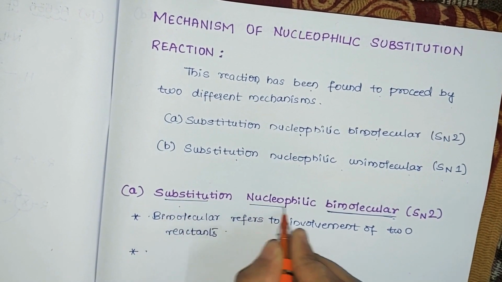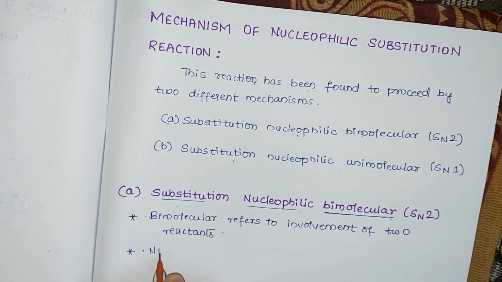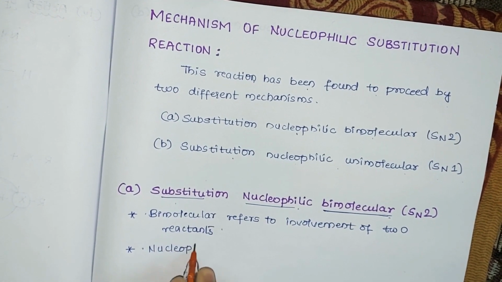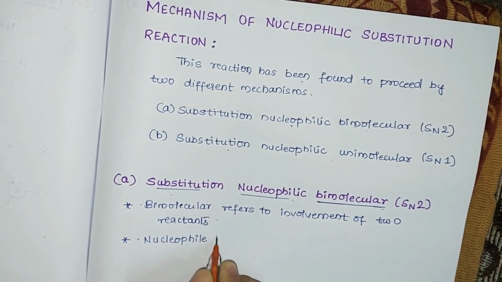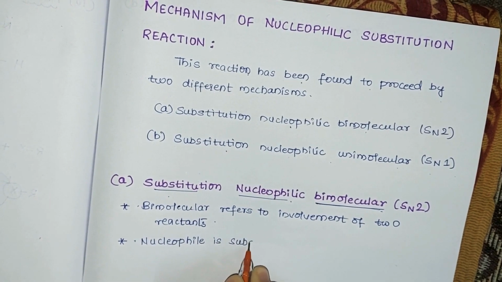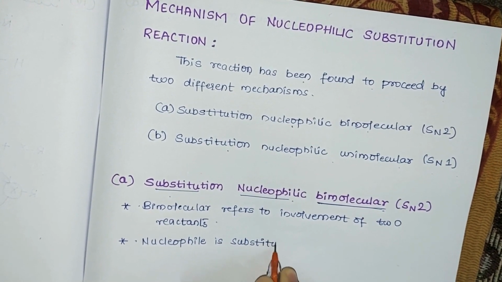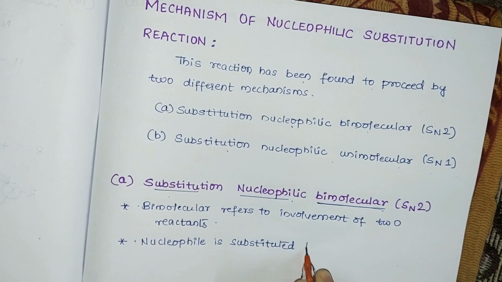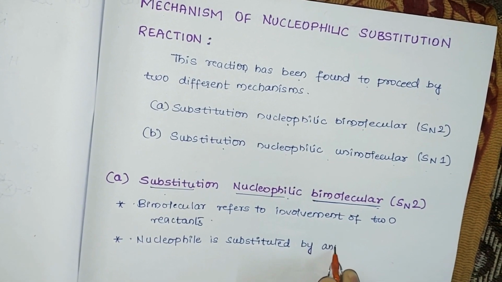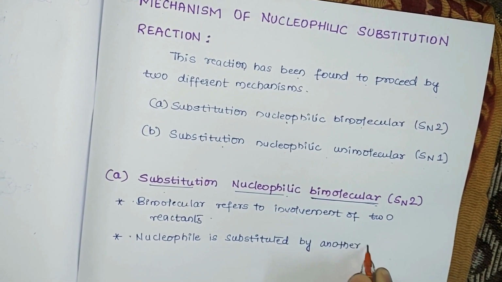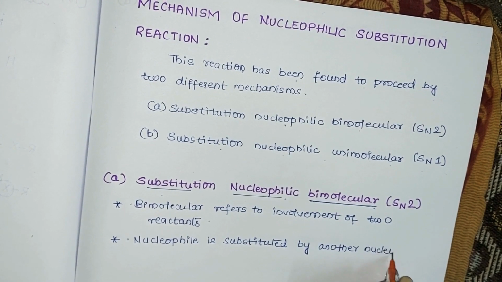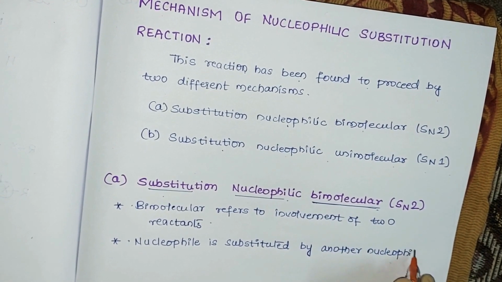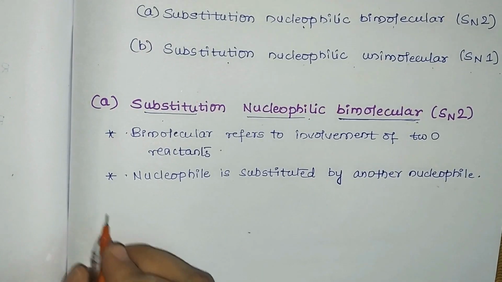We are studying substitution nucleophilic. That means one nucleophile will substitute another nucleophile, or the atom which is nucleophilic in nature. So here we have alkyl halide. So the nucleophile will substitute our halide ion. So we say that a nucleophile is substituted by another nucleophile.